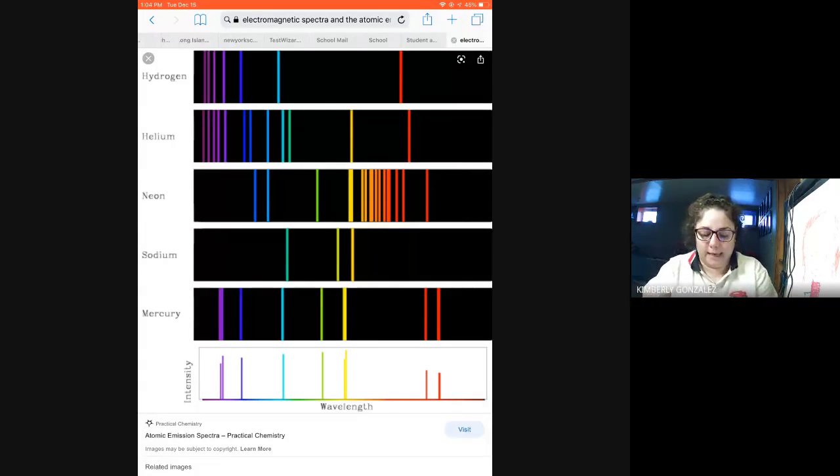When you're looking at this, you have hydrogen, which has a bunch of the violet and indigo, and then it has the blue, and then it has a red. But then you look down here at neon, and it's completely different. Some of the lines are thicker, some of the lines are thinner, okay? So they are all going to be completely different.